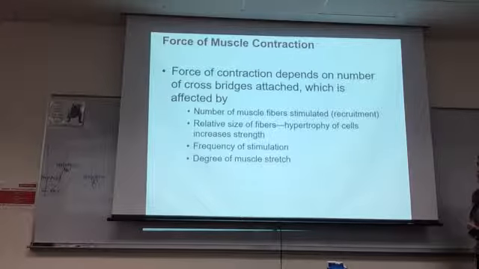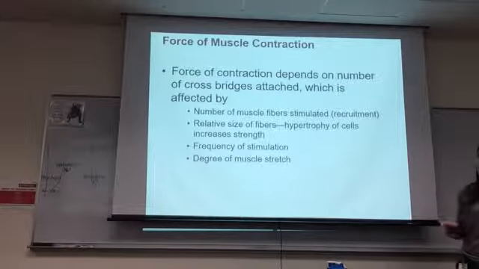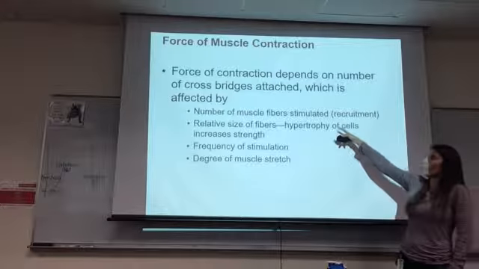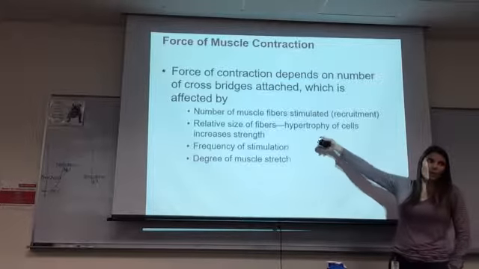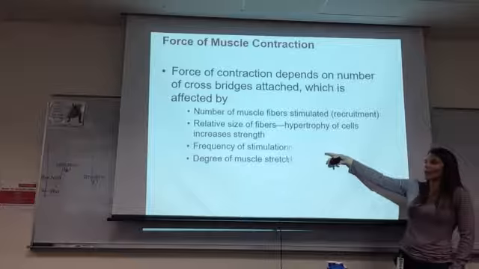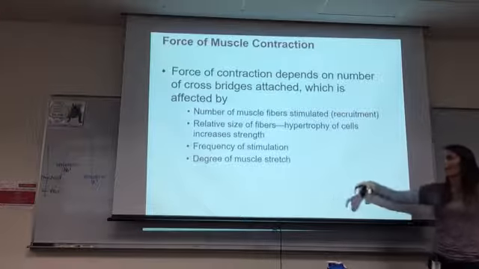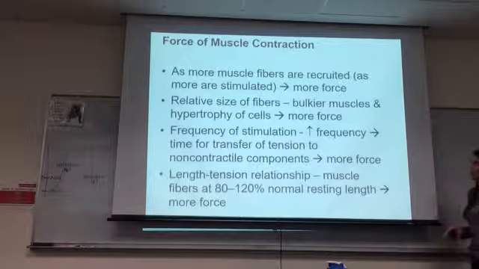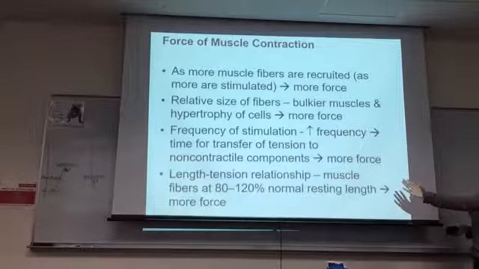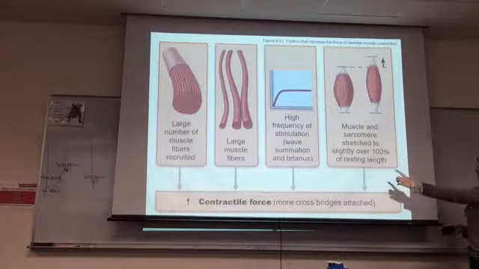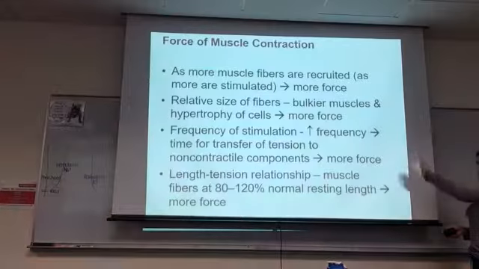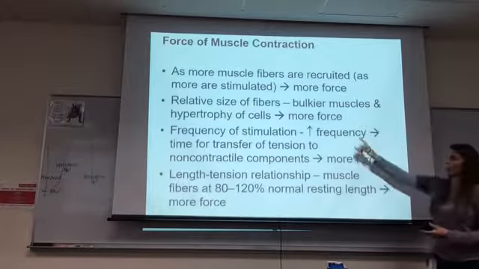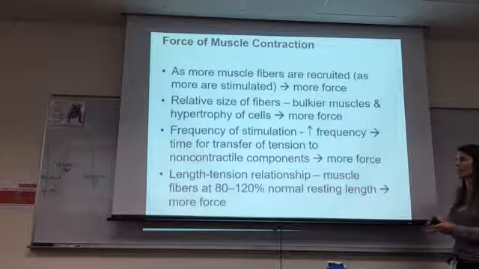The force of a muscle contraction depends on a few things. So it could be the number of muscle fibers, the size, whether I'm using small, medium, or large, how frequently I'm telling them to contract, and how far that muscle is stretching. The amount of muscle stress could also increase that force. This right here is this diagram. This is the words for it. So it's using the arrows, like increase this, decrease that.